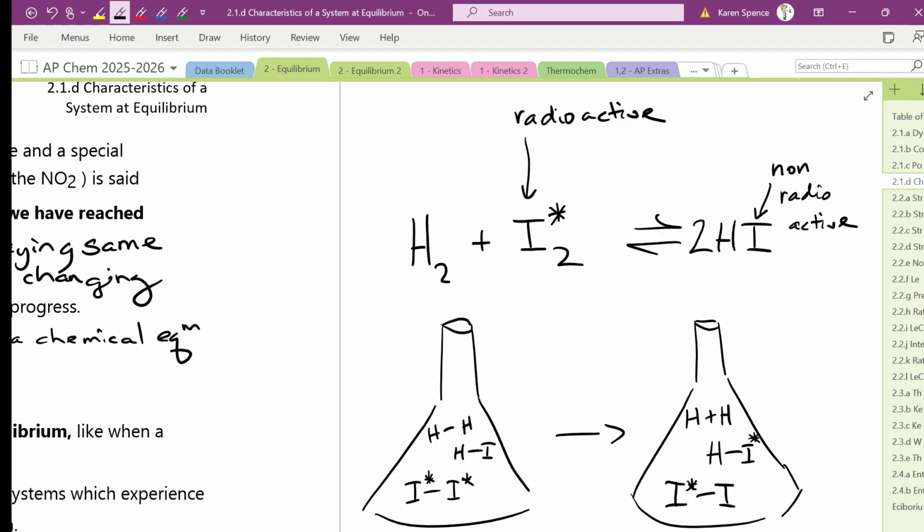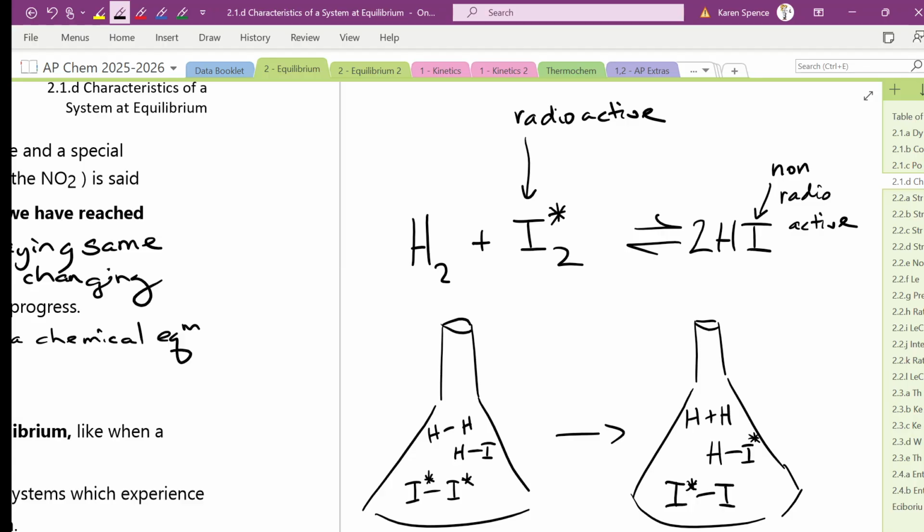Okay? So I had H2, I had I2, I had HI, and as time goes on, some of the H2 and I2 are going to react to form HI. Some of them are going to react to form H2 and I2.